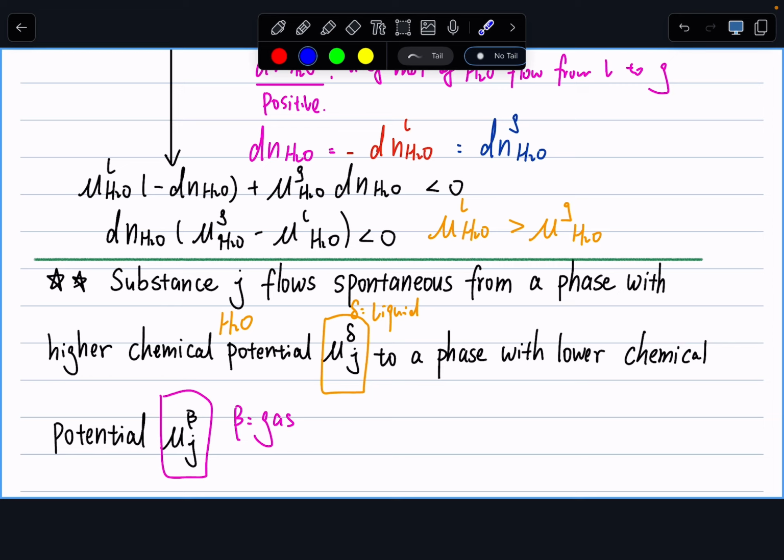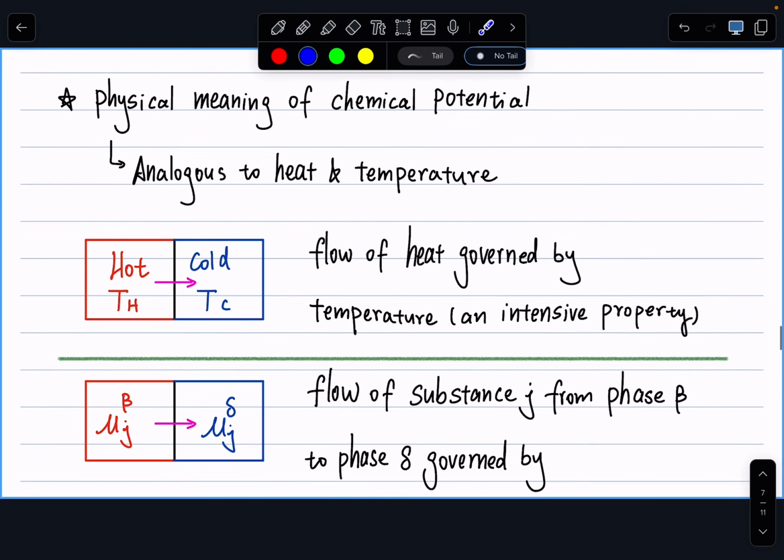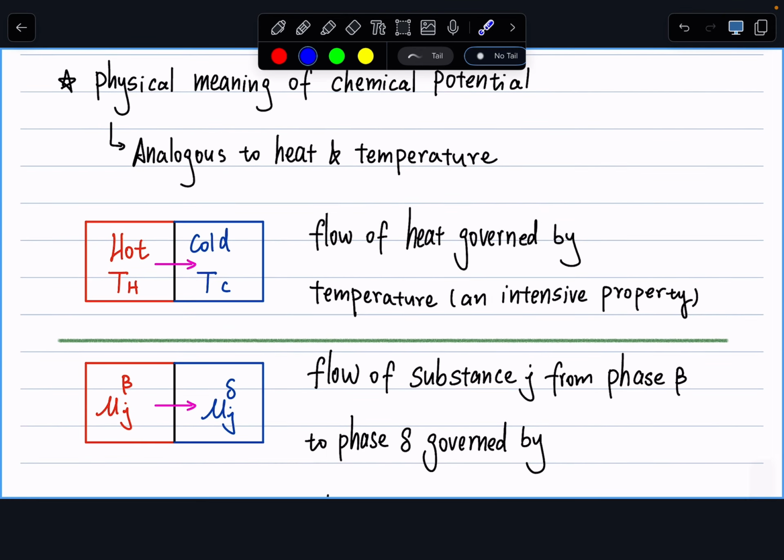All right. And to take one more step further, trying to give chemical potential a more easy to understand physical meaning, let's compare our chemical potential with temperature. It works similarly to temperature and heat flow. Imagine we have two objects of different temperature, one hotter, one colder.